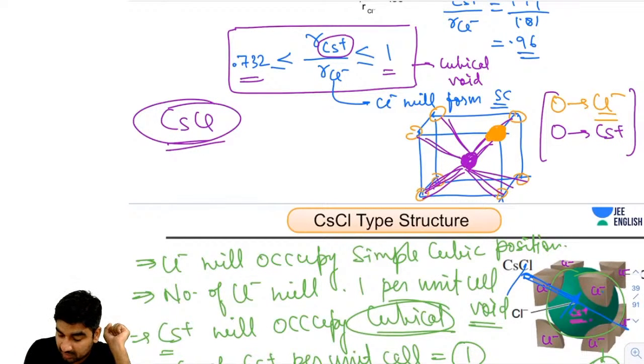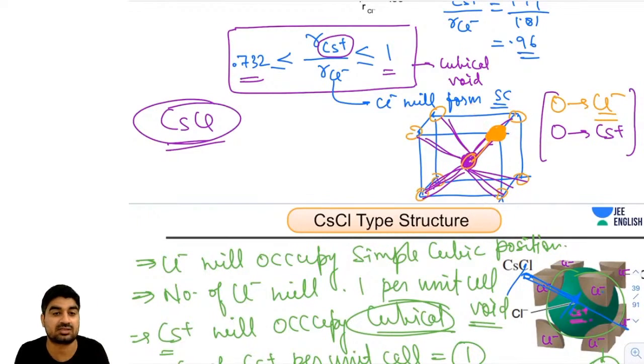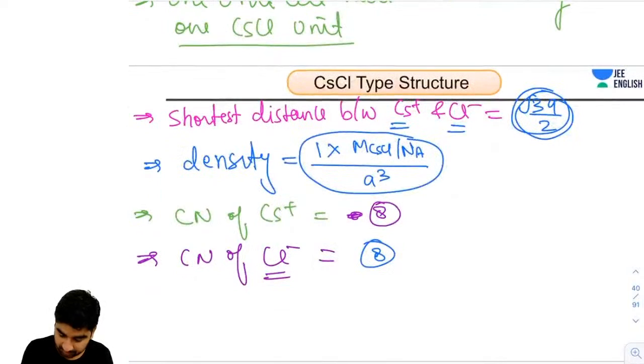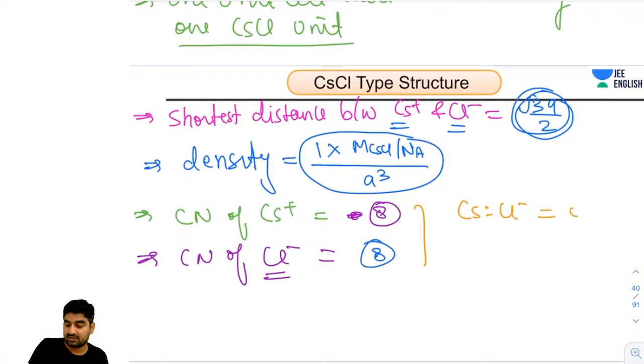So in one cube it is touching one cesium, so in 8 cubes it will touch 8 cesium. So this will be 8. You can say the coordination number of cesium to chloride is 8 is to 8. Again it will be symmetric.